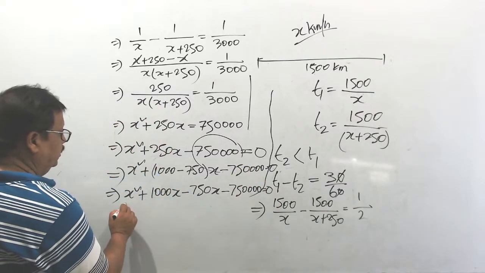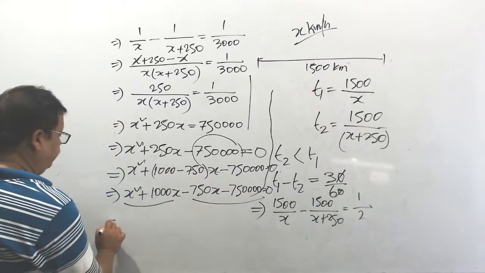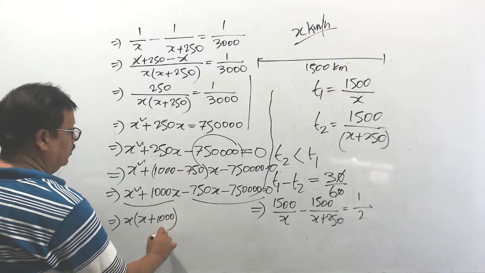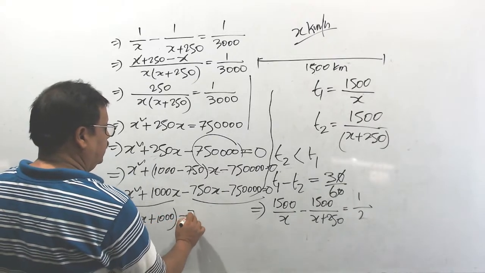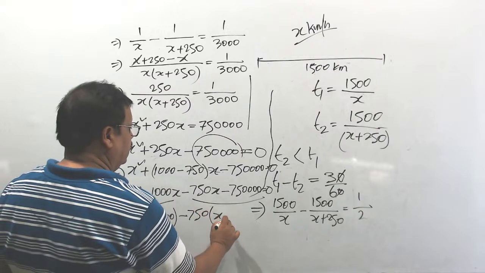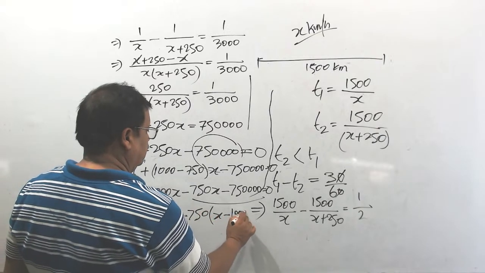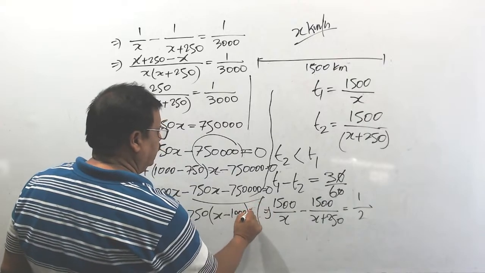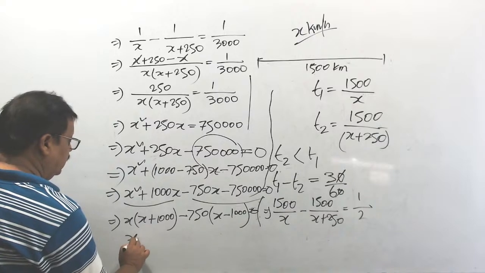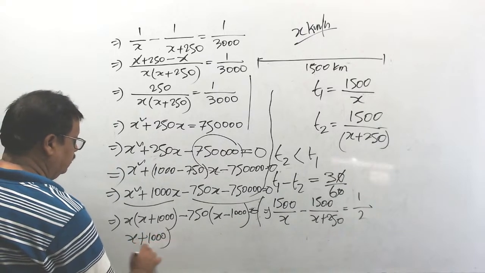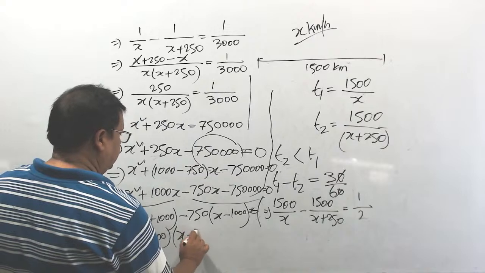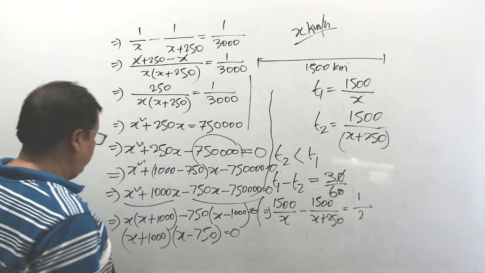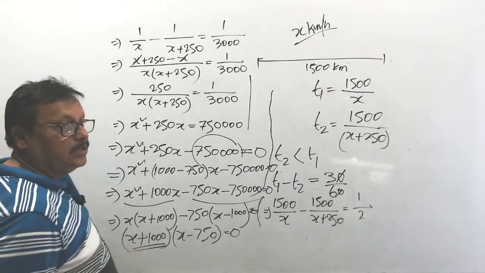Okay, take common: x plus 1000 into x minus 750 is equal to 0. Now from here, either x plus 1000 equal to 0, which returns negative, or x minus 750 equal to 0.